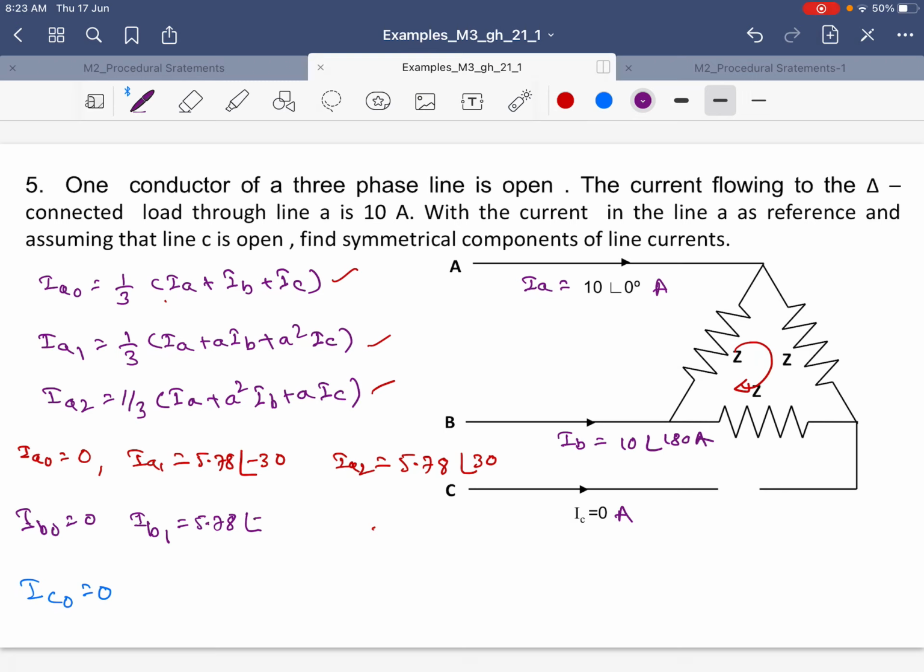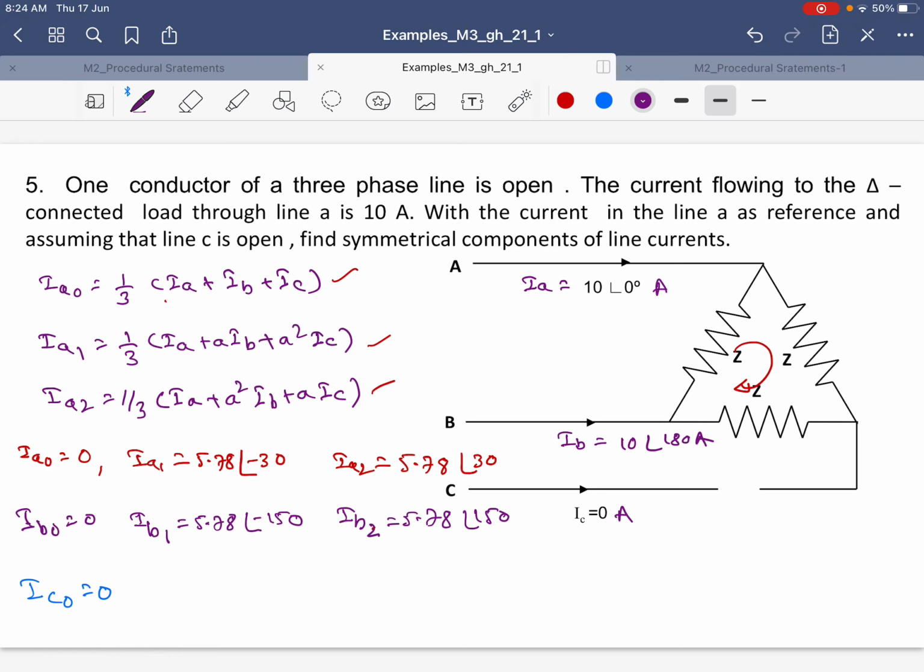So IB1 is at minus 150. And the value of IB2 is a times IA2. Therefore, the IB2 value I am getting is 5.78 at an angle of 150.